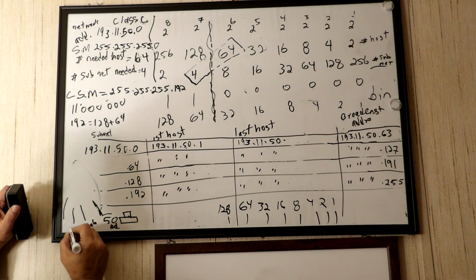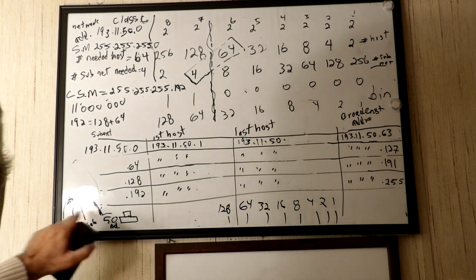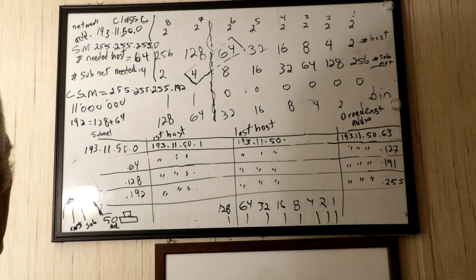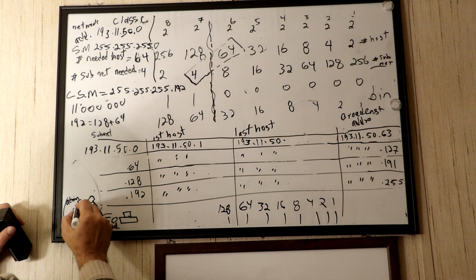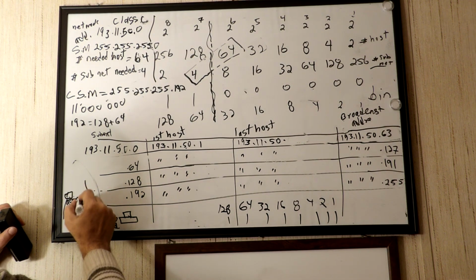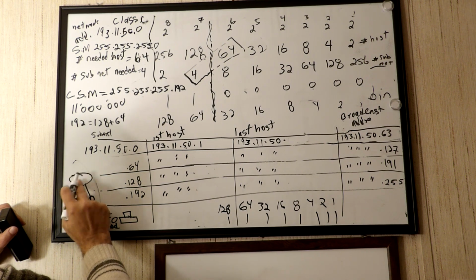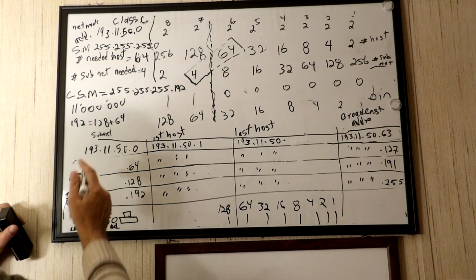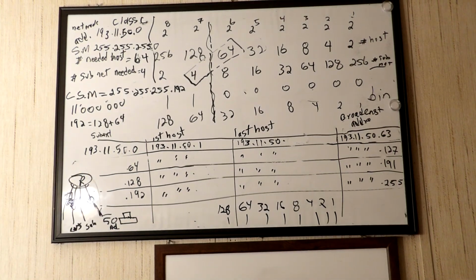So they need 4 different subnets, all connected through a switch to a router, so they can access the internet.